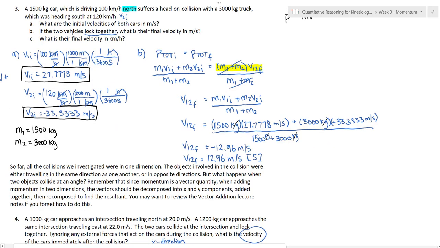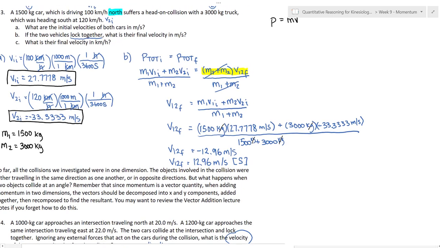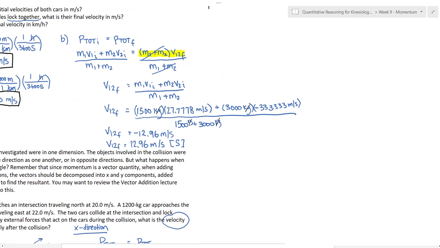Moving on to part C, the question is now asking us, what is their final velocity in kilometers per hour? So now we just need to convert the 12.96 meters per second south into kilometers per hour. So let's go ahead and do that here. V12 final is equal to 12.96 meters per second.